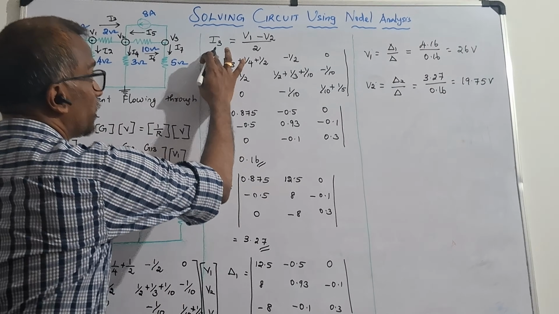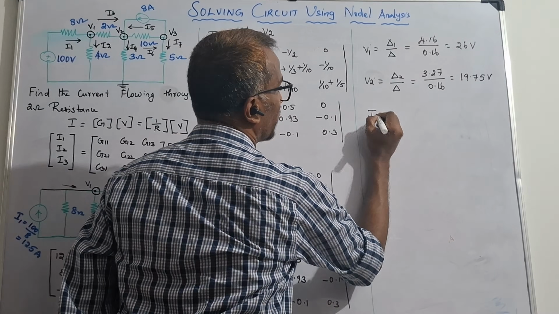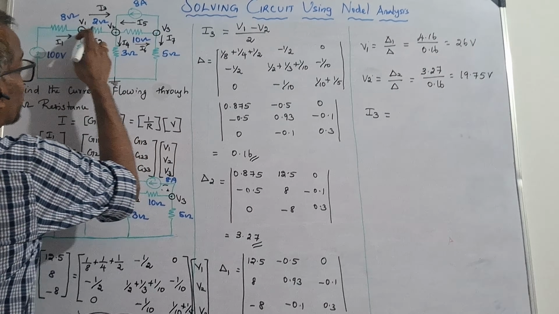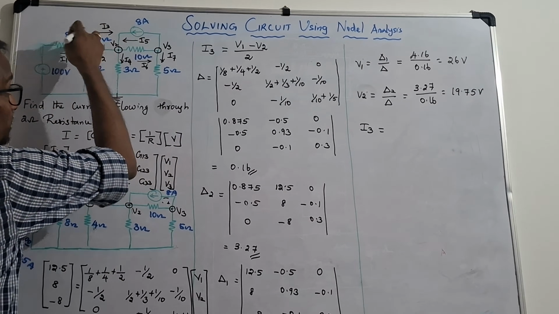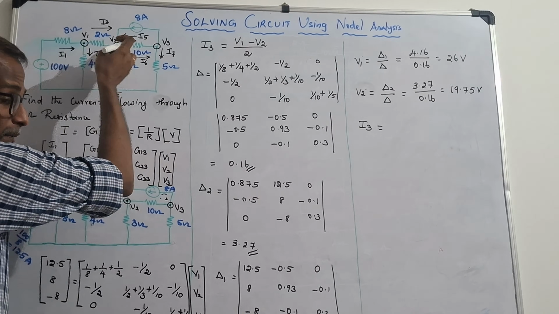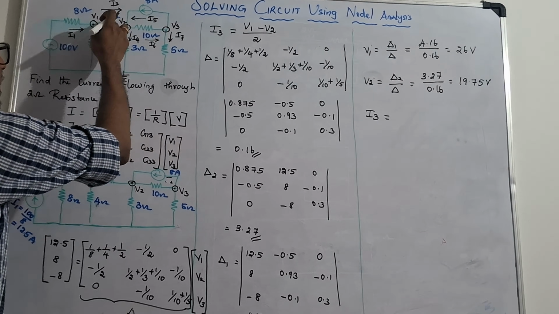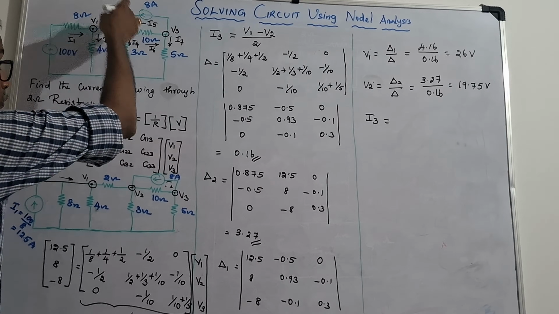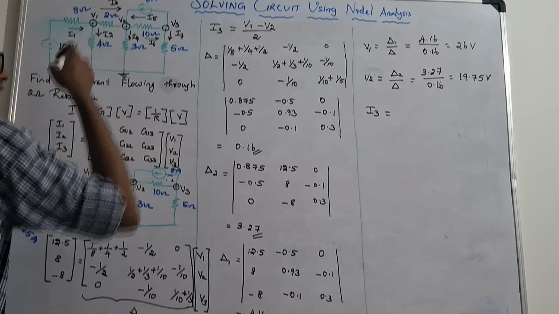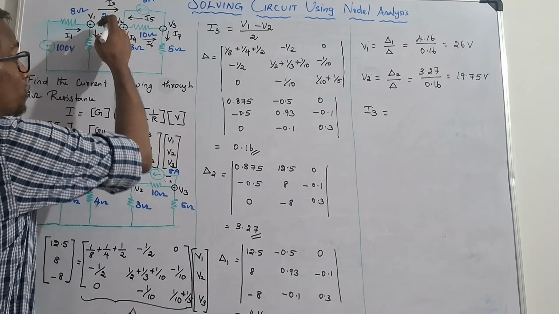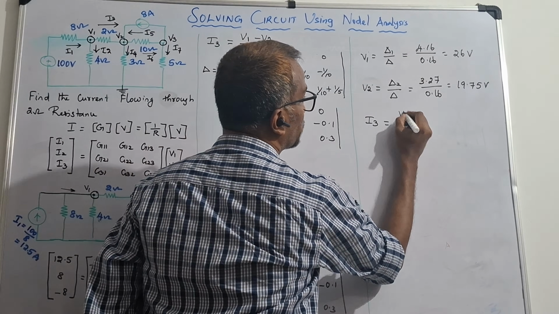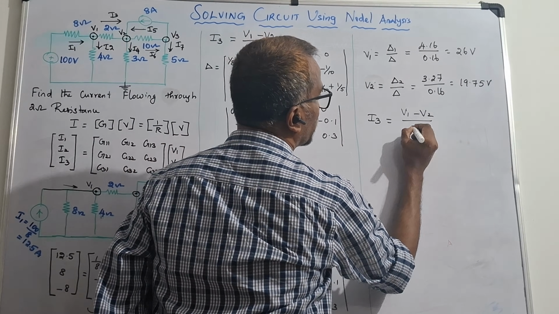Okay, V1 we have calculated 26, V2 is calculated 19.75. Now we have to find out what is the value of I3. I3 current is flowing between V1 and V2, that means first node and second node. The value is 2 ohms. So the current which is flowing through the 2 ohm is I3. I3 is nothing but what? V1 minus V2 divided by 2.